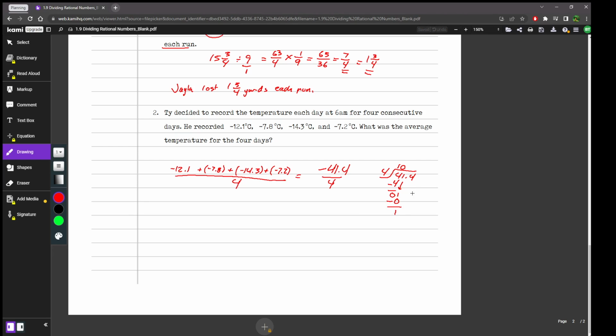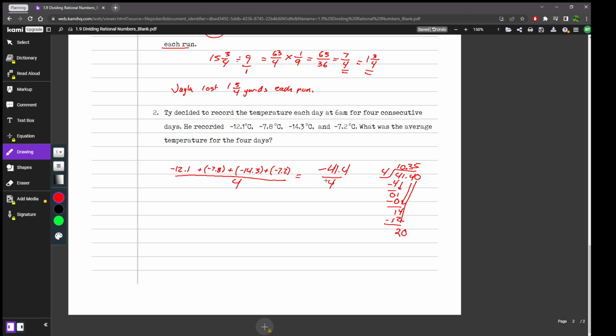We subtract these, we end up with 14. 4 goes into 14 3 times. 3 times 4 would be 12. We subtract these, we end up with 2. Well, we need to keep going, so we're going to add a 0 to the end. Well, 4 goes into 20 5 times, and we just carry up our decimal.